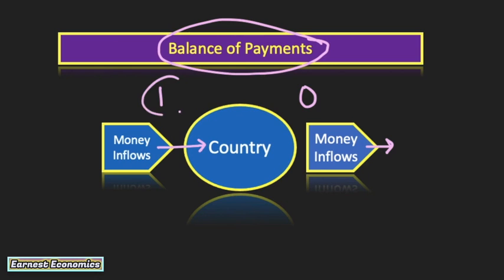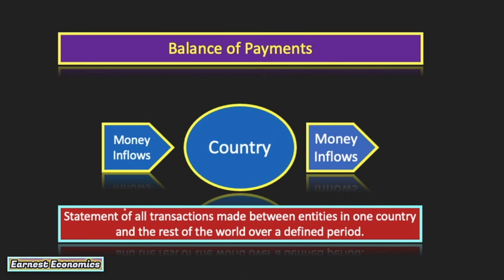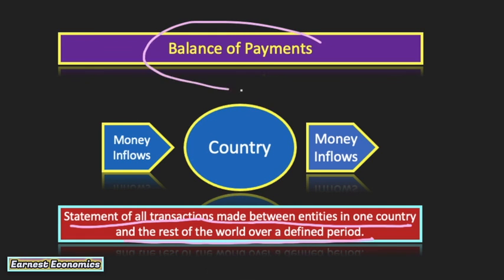The summary of this inflow and outflow of foreign exchange is what we call the balance of payments. So the balance of payments is a summary statement of all the transactions that take place between the individuals, firms and governments of a country with the rest of the world, their individuals, their governments, and their firms. We can say that it is a statement of all transactions made between entities in one country and the rest of the world. This is one important concept that you have to deal with as you study the external sector and the way it interacts with the domestic economy.